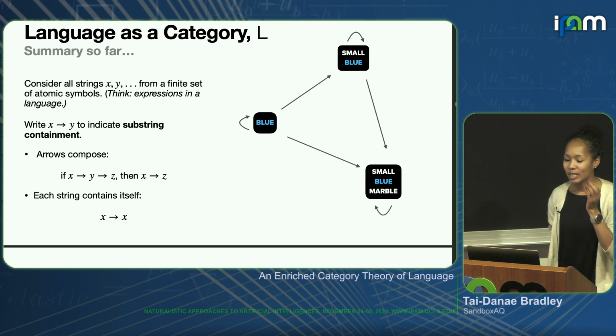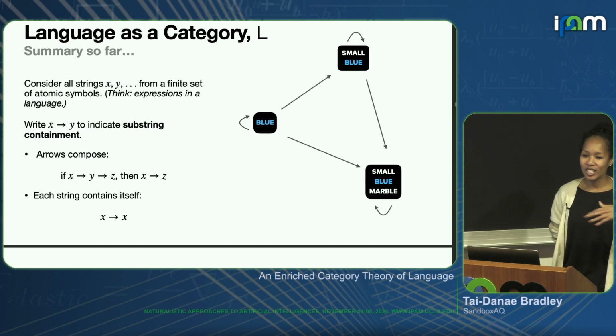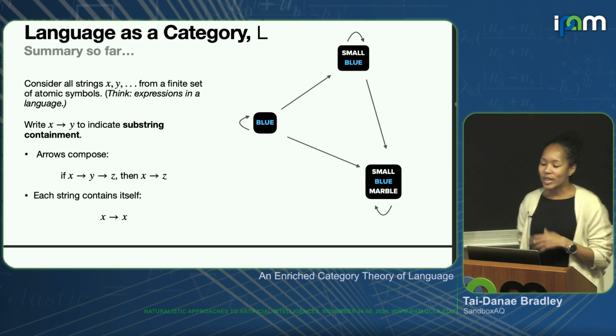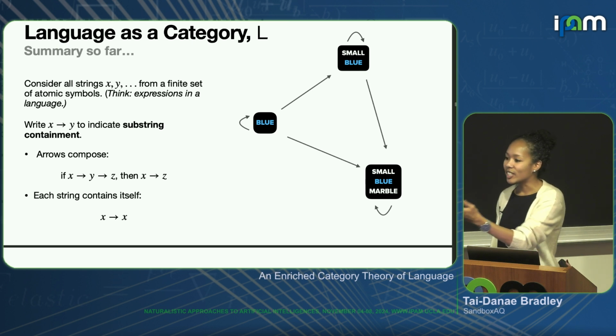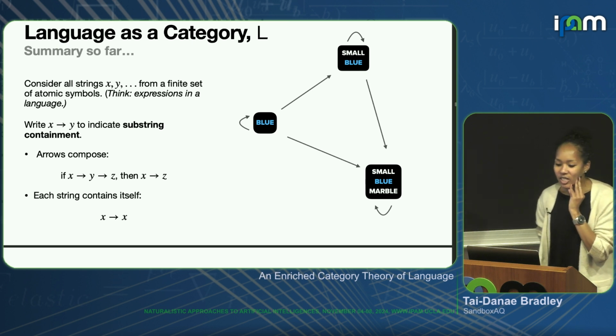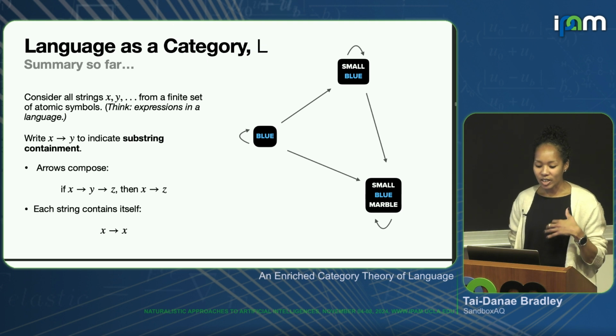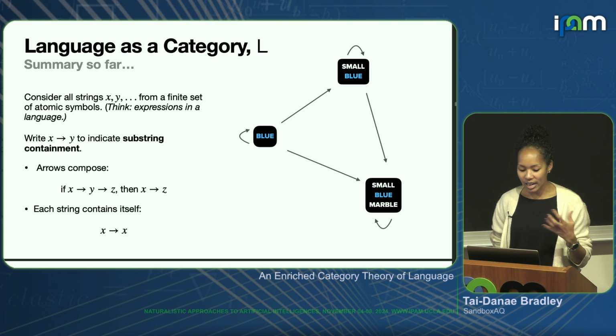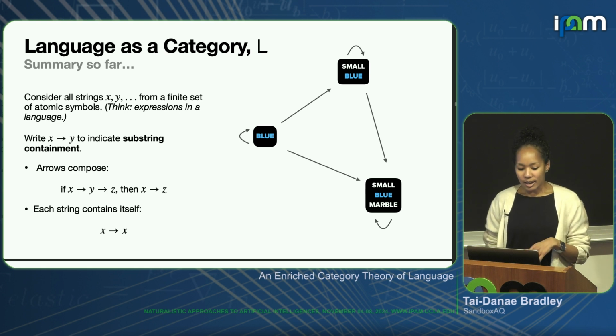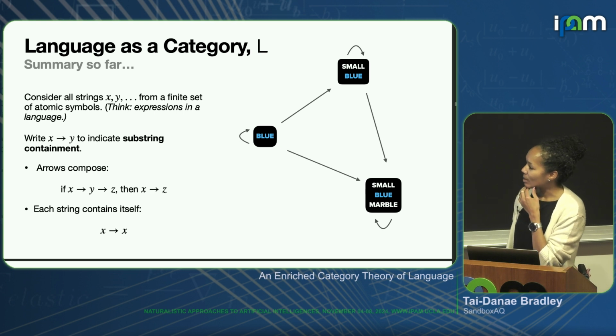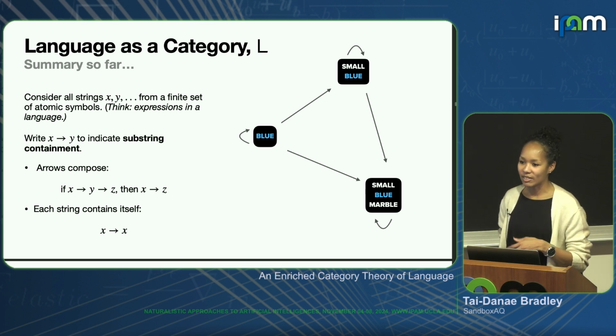Okay, so let me just summarize what we've observed so far. Before we even include probabilities, we can think of language as a category in this pre-ordered way, like we just heard. Just to summarize, let's consider objects to be strings from some finite alphabet of symbols. Think of them as expressions in language, and we're going to draw an arrow to indicate substring containment, and then you have this transitivity.